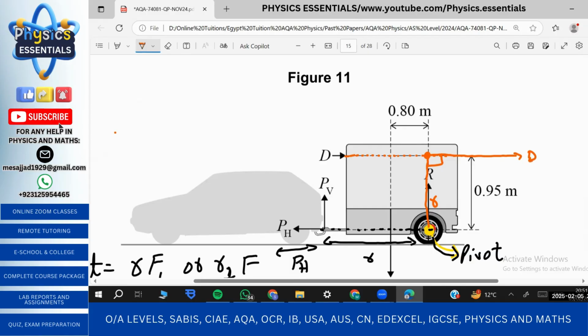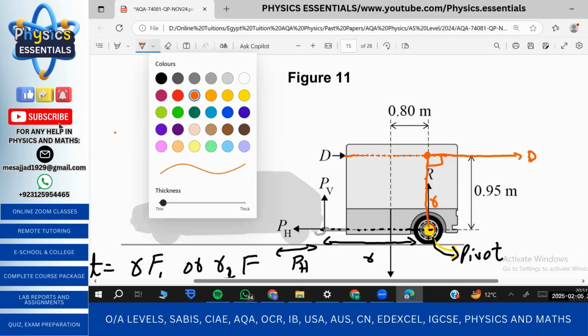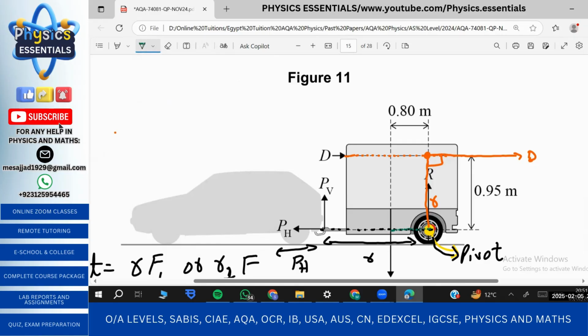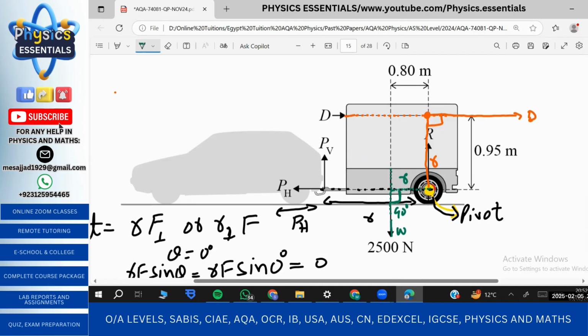Now, secondly, the weight is acting down. So for that, let me use another color. So from here, it's coming gray and the weight is moving down like that. And you can see here that the angle is 90. So now the moment arm here is R and W is the force. So R into W. Now, what kind of moment is created by the weight?